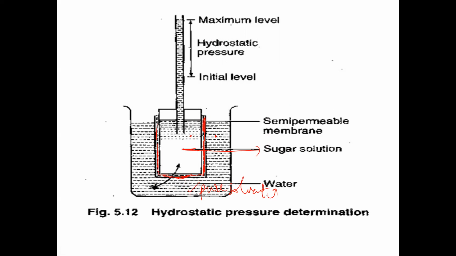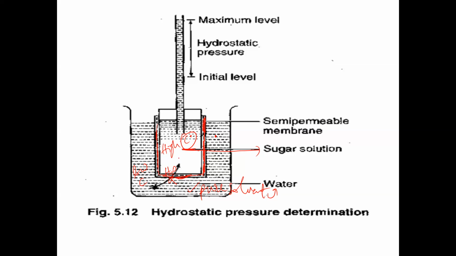Now, whenever we separate pure solvent and solution by a semi-permeable membrane, the H2O molecules, the water molecules, move from low concentration to high concentration. This phenomenon is called osmosis.